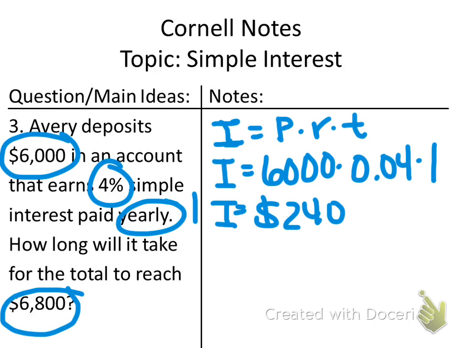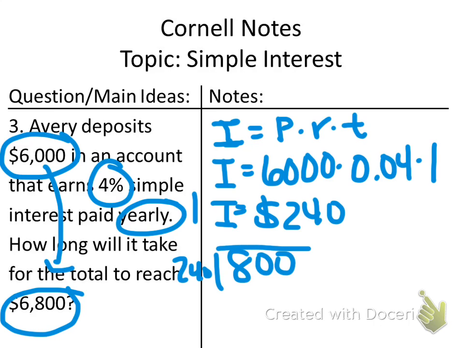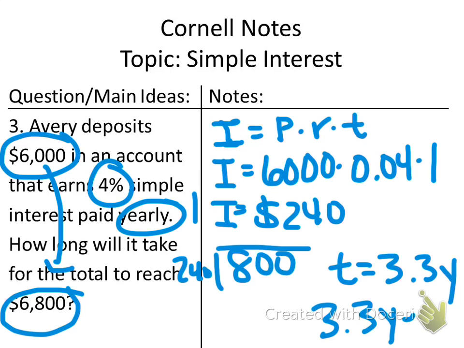I need to get from 6,000 to 6,800. So 800, how long will it take? So 240 divided into 800 is 3.3 years.